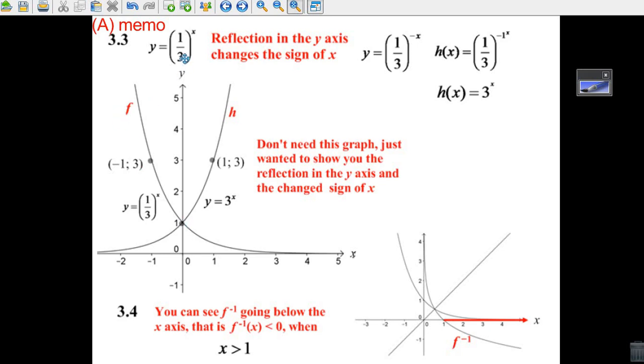If it gets reflected around this line, it'll look like this. There's the function, and there's the reflection, and the y-axis is the mirror. If you had minus 1 and 1/3, the reflection would be 1 and 1/3. That's the function h. We just showed that reflection.